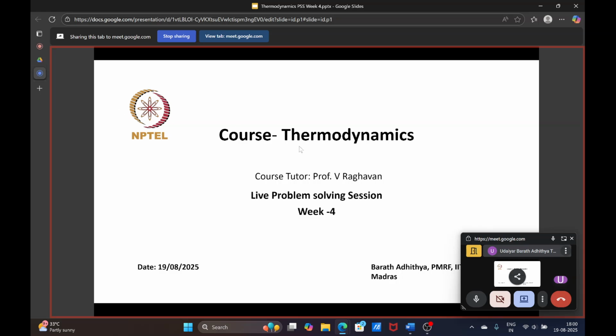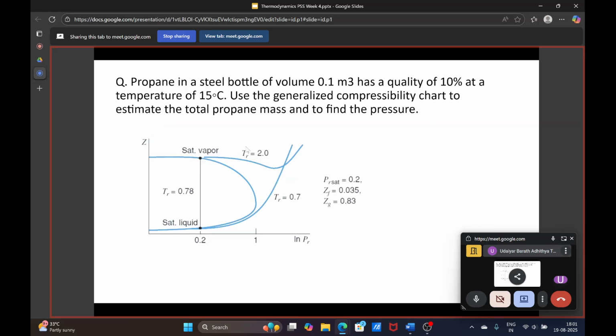How to solve those. And also some problems relating to these two-phase substances, applying the first law in processes. So with that, let's start for this week.